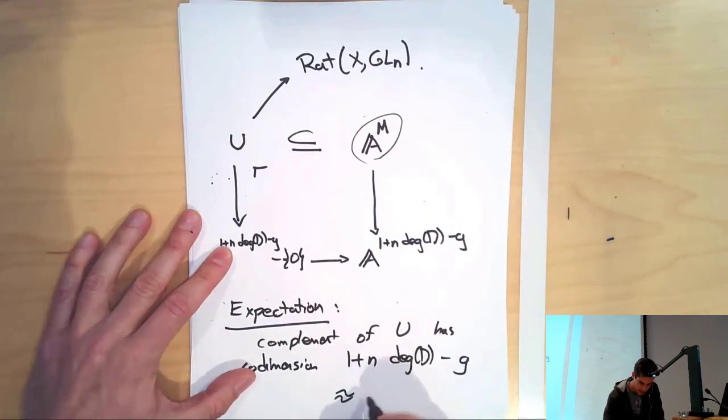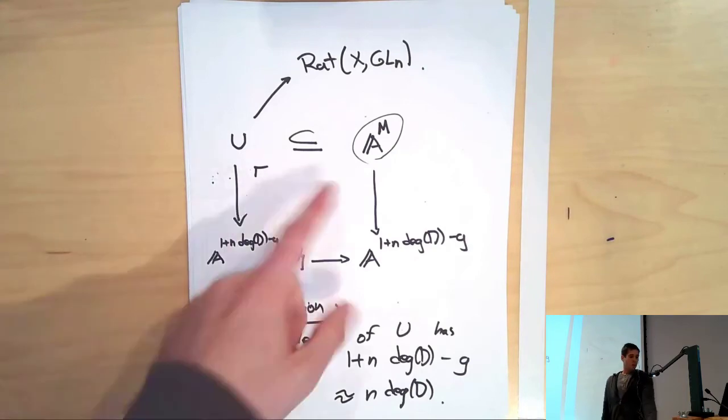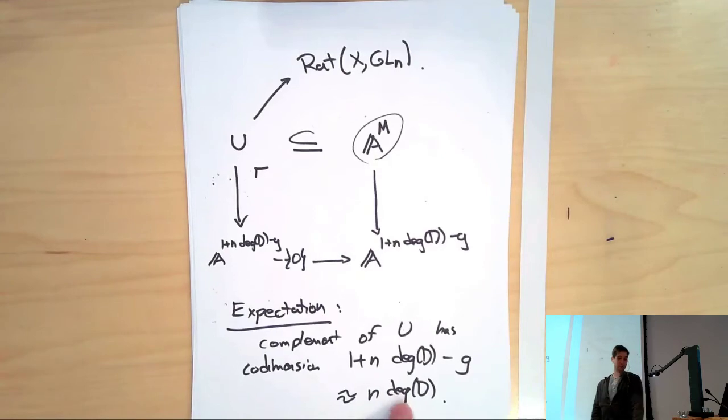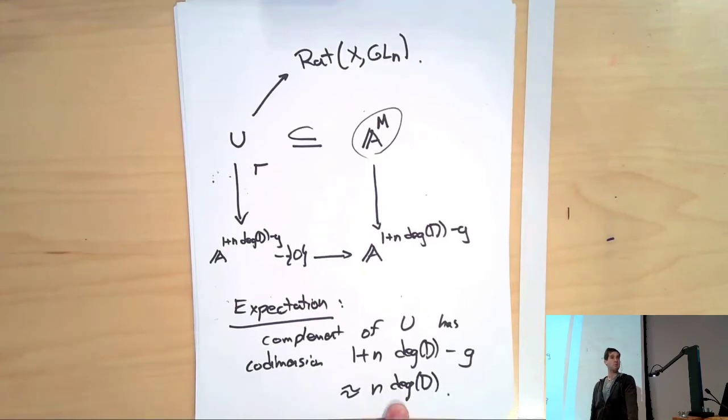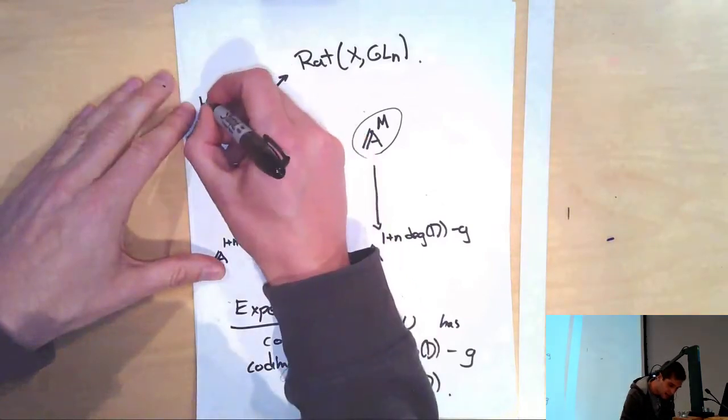And let's just say that's approximately n times the degree of D. Now, if that expectation was correct, if this does actually have large codimension, then, well, this affine space has trivial cohomology. U won't have trivial cohomology, but it will have trivial cohomology in a large range of degrees, a range of degrees which grows with this codimension. And so U, let's just say, will be highly connected.